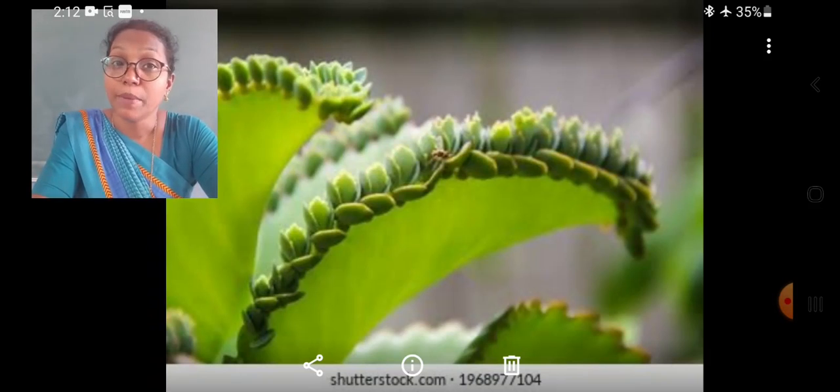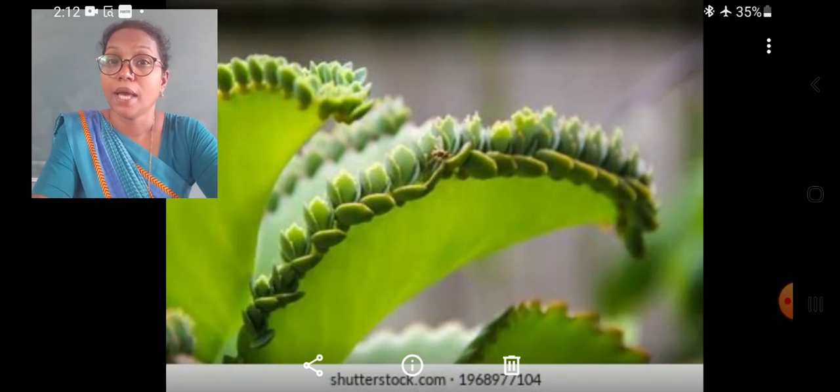The roots will appear and each bud is separated and grows into a new plant, or as an individual plant they grow. So these are the methods of vegetative propagation.